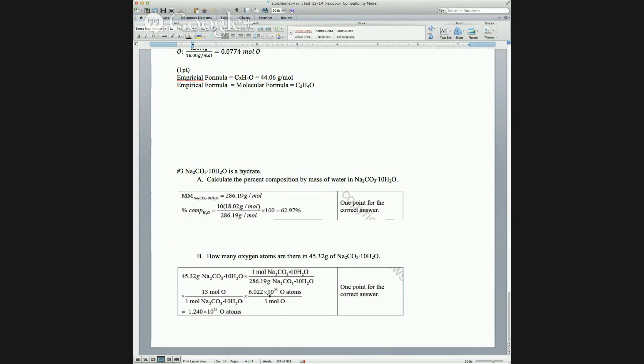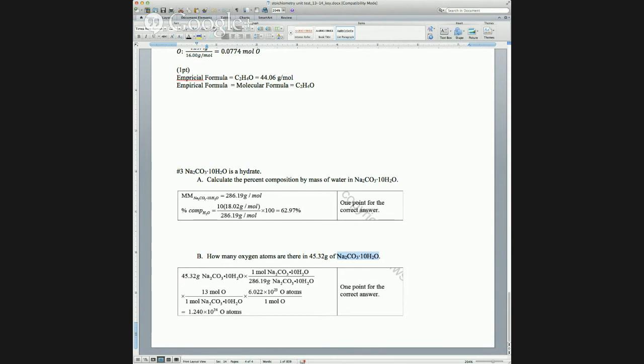The only other thing is it's not looking for atoms of the whole thing, it's looking just for the number of atoms of oxygen. So if you have 1 molecule of this, you have 13 atoms in that 1 molecule.